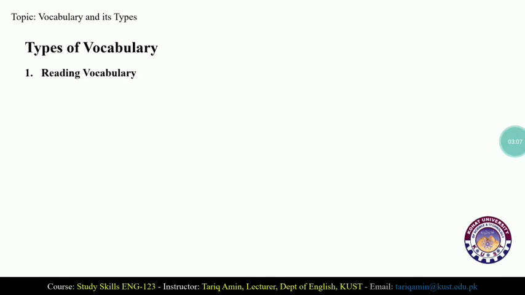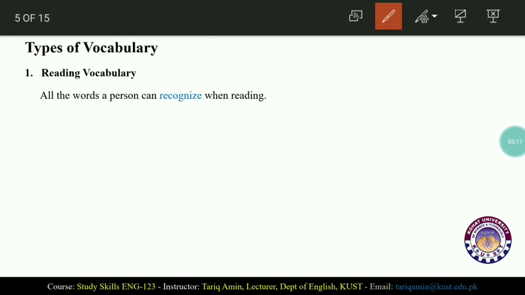Let's discuss some of the types of vocabulary. There are different types of vocabulary. We are going to discuss just a few types. The first one is reading vocabulary. What is reading vocabulary? It refers to all the words that a person can recognize when reading. When we read a text, we recognize different words, and all these words are part of our vocabulary.